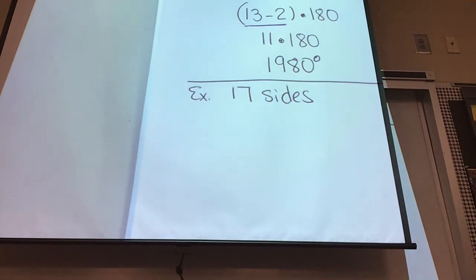Just be careful on the calculator and make sure you hit the right button. If you hit the wrong button, you're going to get the wrong answer. Can't blame it on the calculator.